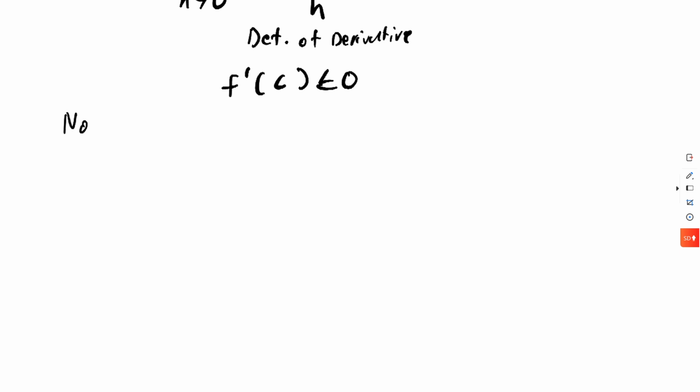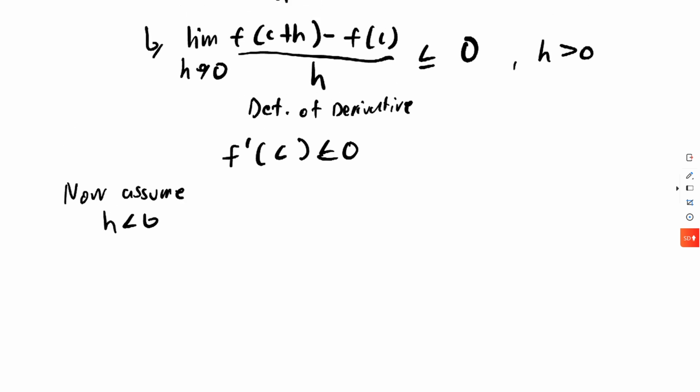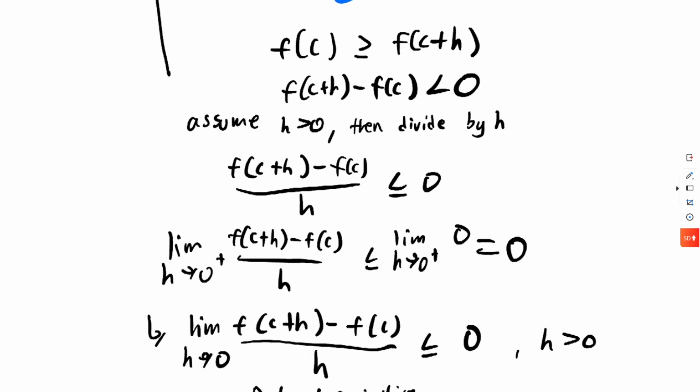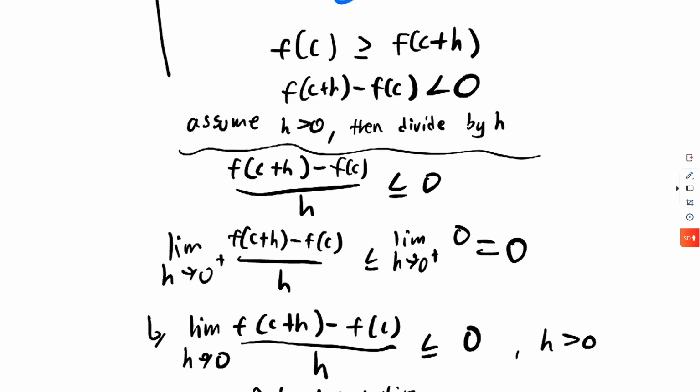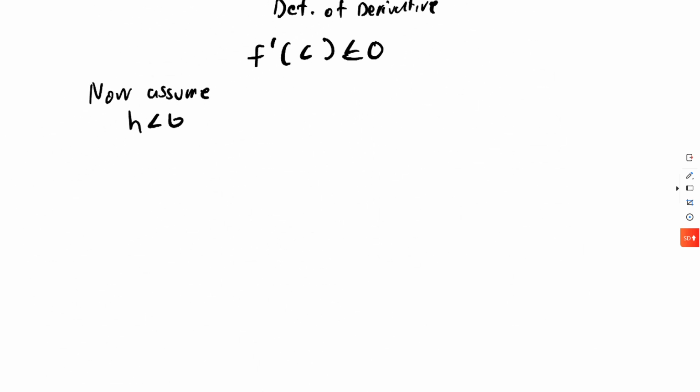So now assume h is less than 0. We're going to go back to this step right here and do the same thing for h less than 0. So that means f prime of c is, and we're going to switch the inequality when we divide by a negative.